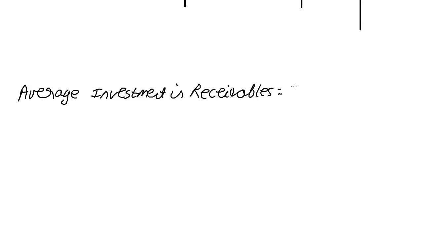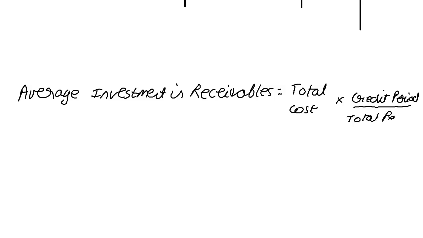is equal to total cost into credit period divided by total period. Okay, divided by total period.